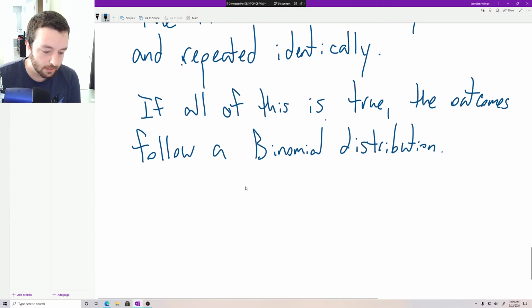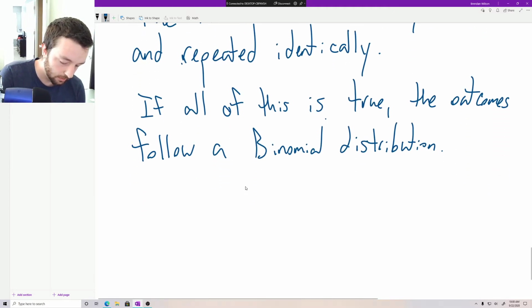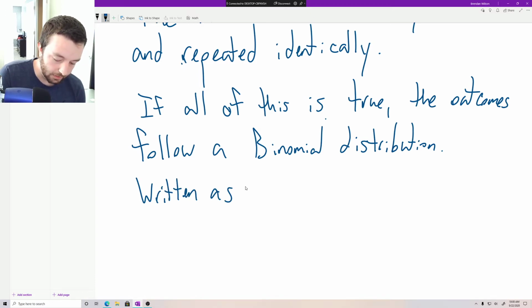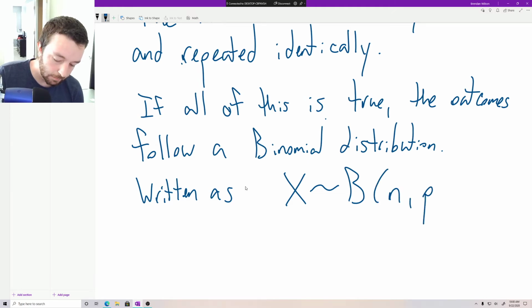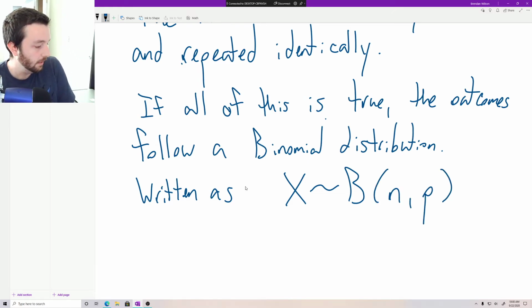The way we write this would be x, our random variable, is distributed as, which is what the tilde symbol means, B for binomial, n comma p. So we write x is distributed as a binomial with n trials and probability p.